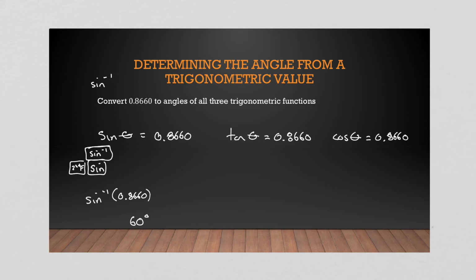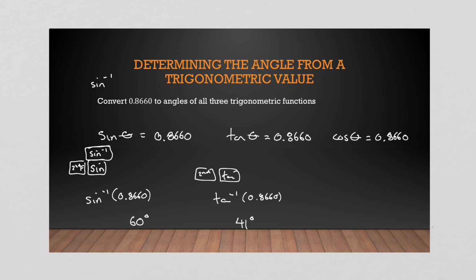So for tan, we're going to hit second function, and then you hit the tan button. And since you hit second function, you'll have tan -1, and then brackets 0.8660, and hit equals. And for tangent, you should get 40.89 degrees. So for this sake, we'll just round this to 41 degrees. For these examples, I'm going to round to the nearest degree, but just be aware of what's being asked of you, okay?